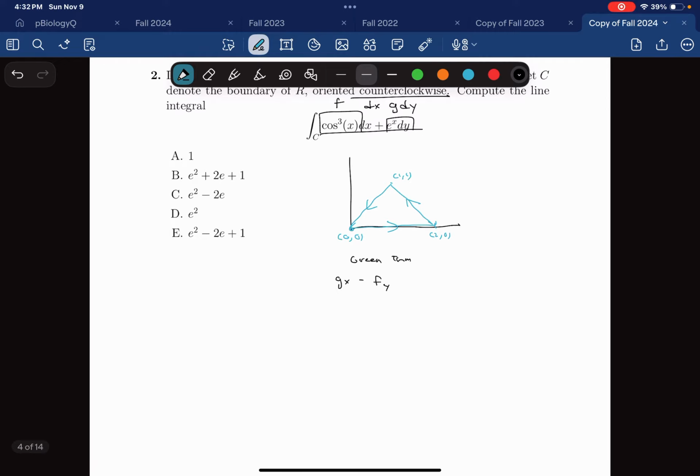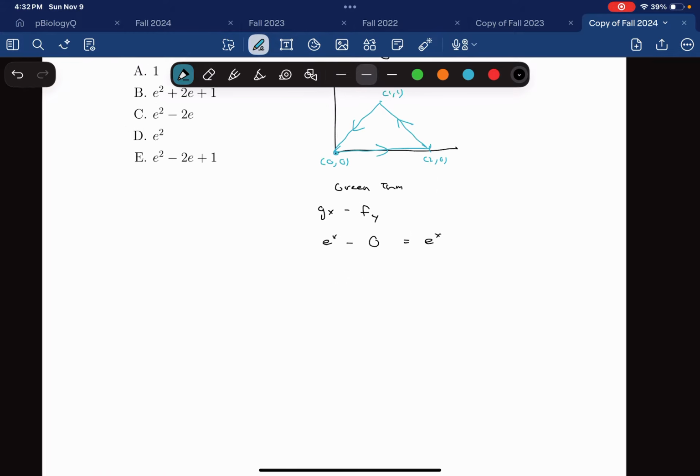Remember that. So in this case, g of x would just be e to the power of x, and cosine cubed of x, partial derivative with respect to y, would just be 0. So you just get e to the power of x.